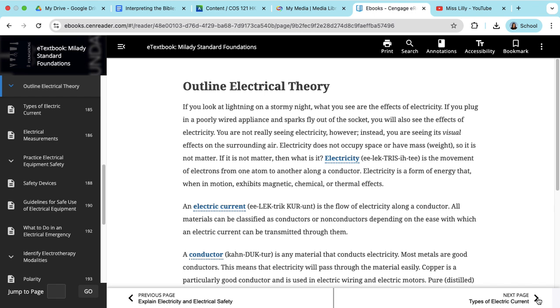Electricity is the movement of electrons from one atom to another along a conductor. Electricity is a form of energy that, when in motion, exhibits magnetic, chemical, or thermal effects.